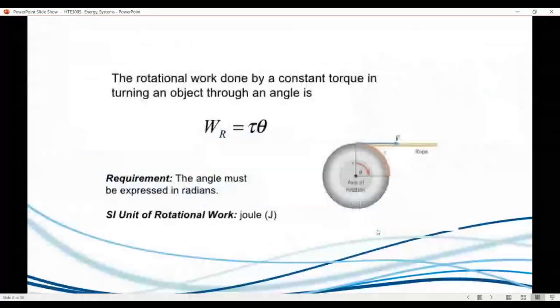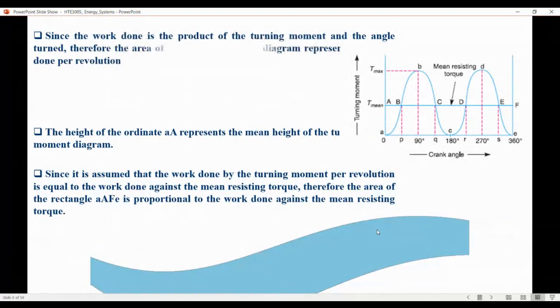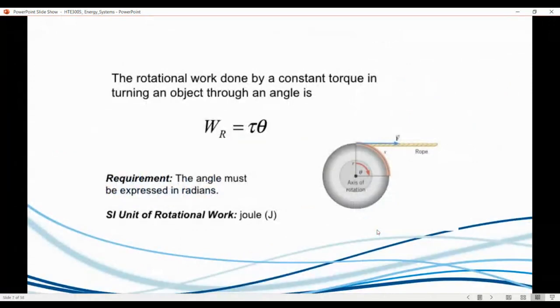I threw this in here, maybe not at the right place, but just as a backup, remember that work done in rotation is also torque times angle, which is analogous to force times distance.